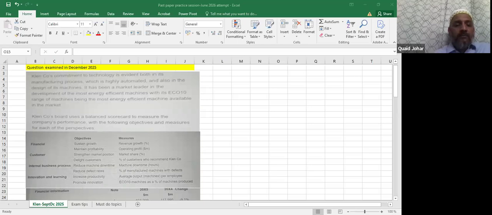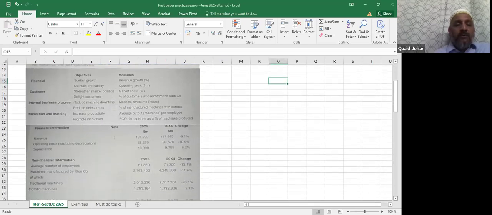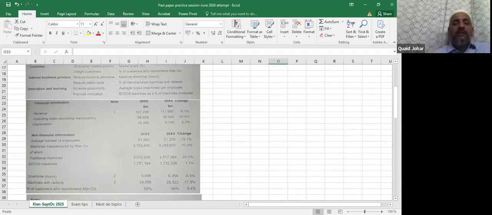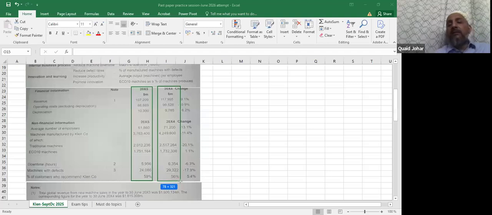Now, this table was given in the question, financial information. The point to be noted was that this table covers information related to 2005 and information related to 2004. So what should have been done over here?